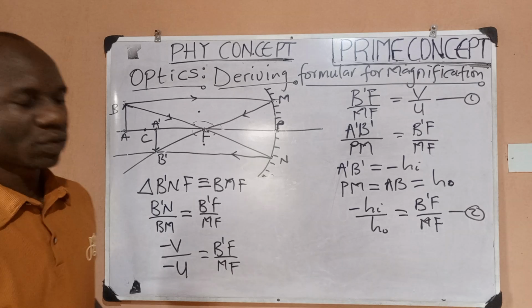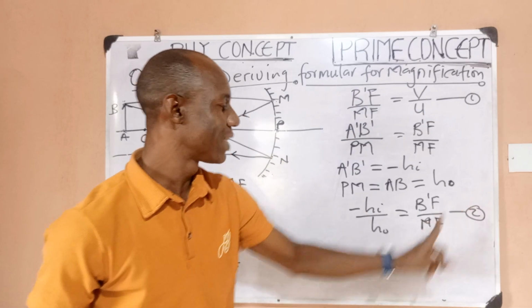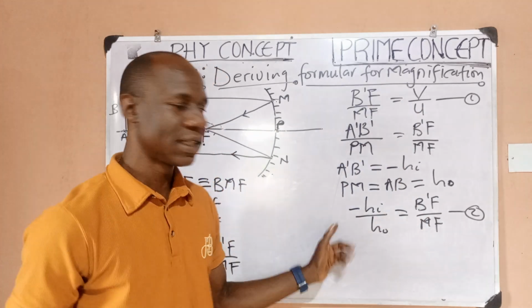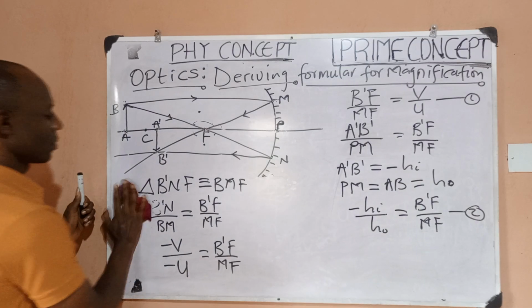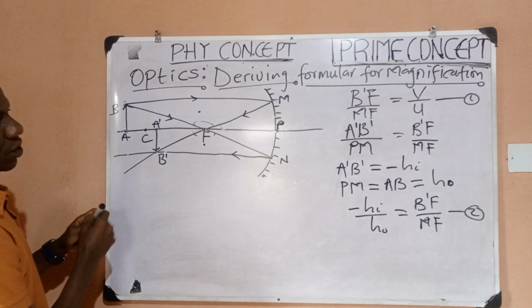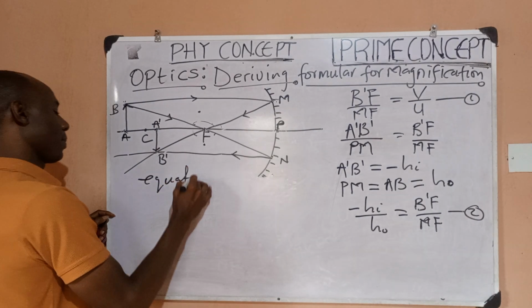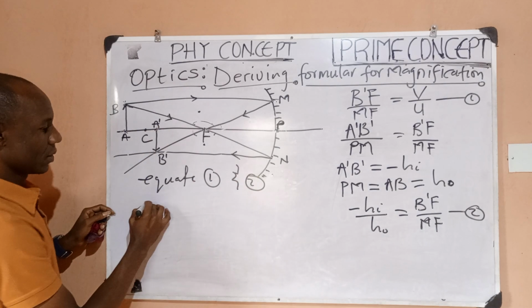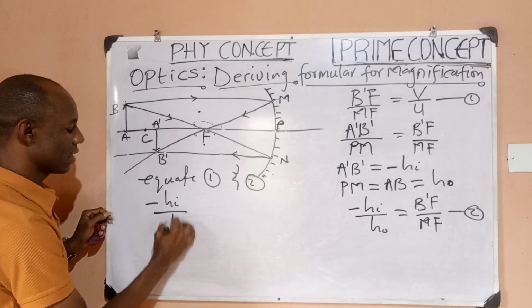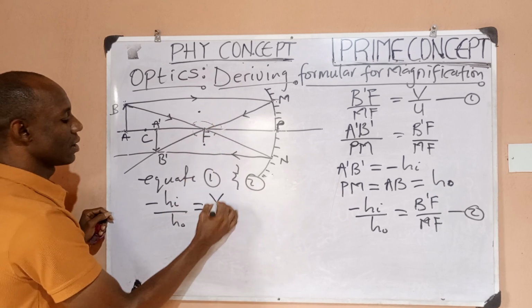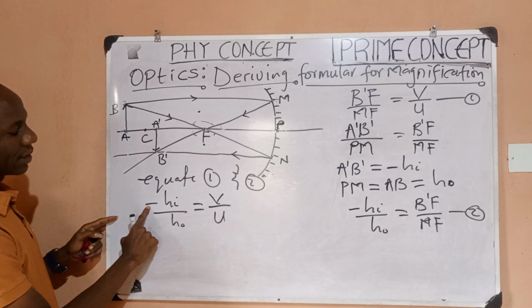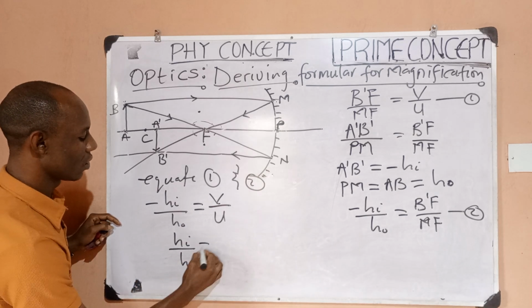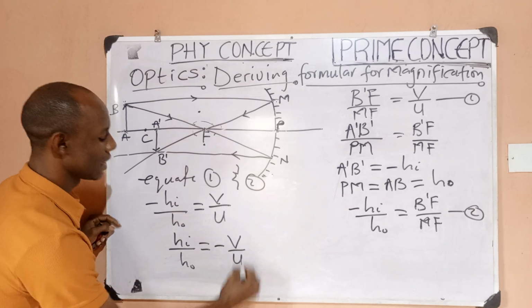So what am I going to do? I'm going to equate 1 and 2, seeing that B prime F over MF is the same in both. If I do that, I would have minus hI divided by hO equals v divided by u. If I take this negative sign to the other side, I would have hI divided by hO equals minus v divided by u.